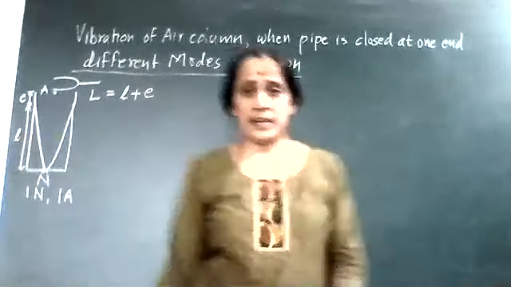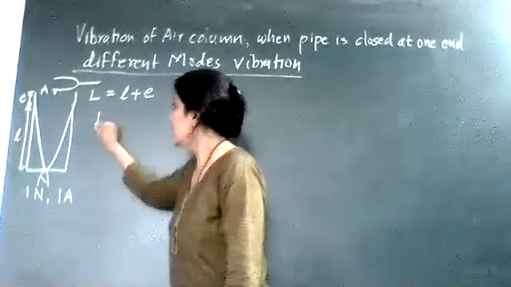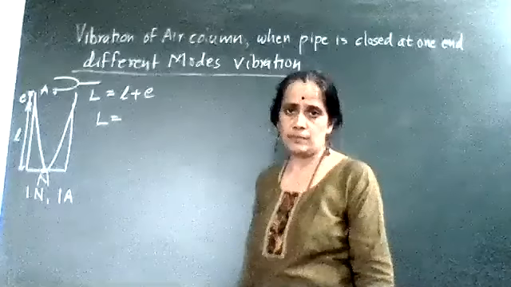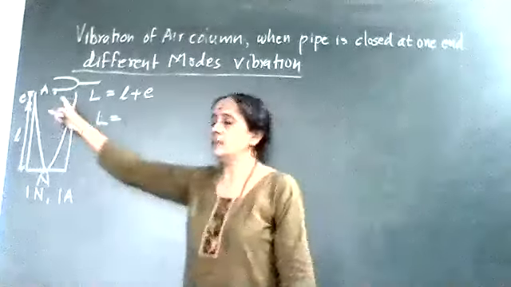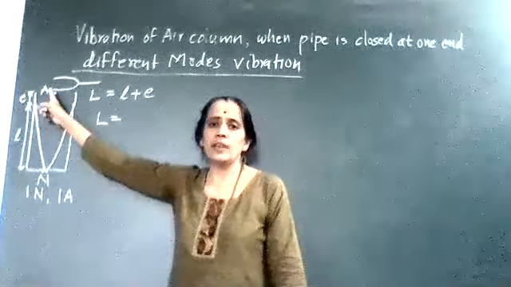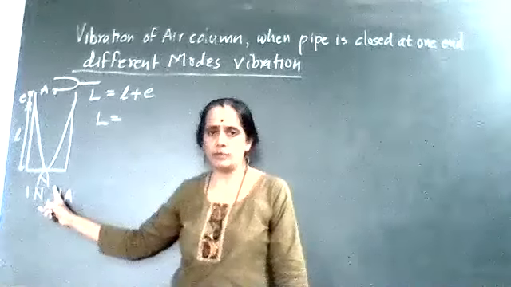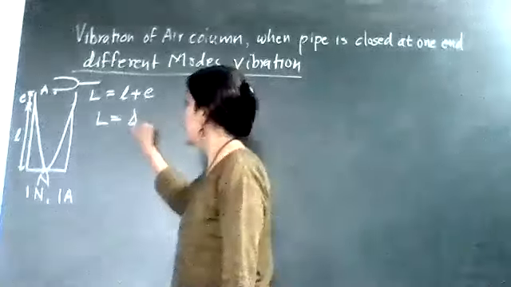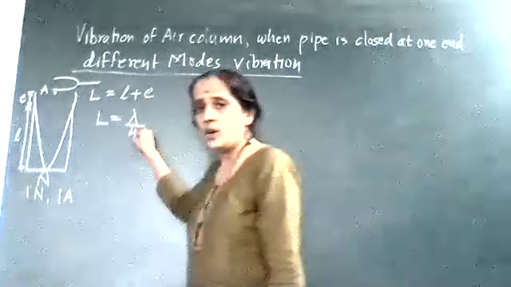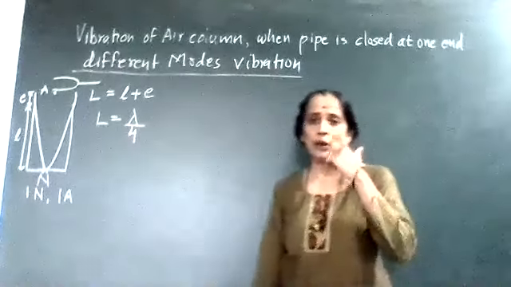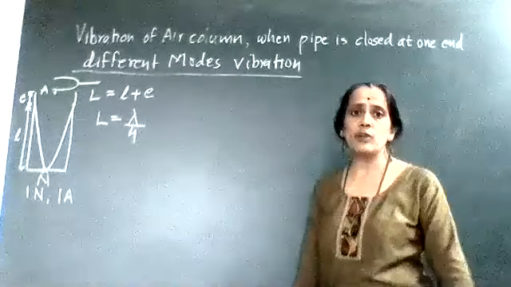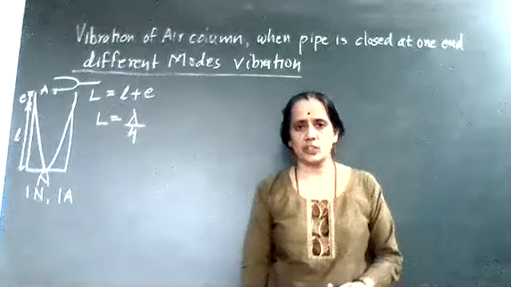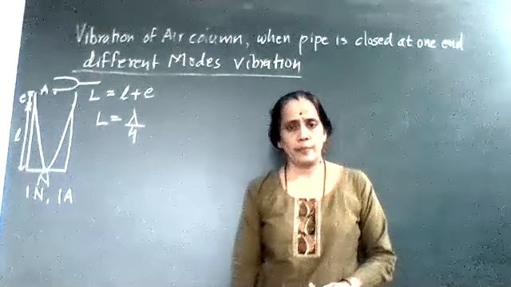And what is that capital L? Capital L is nothing but the length of the vibrating air column, which is the consecutive distance between antinode and node. As it is the consecutive distance between node and antinode, it is nothing but lambda by 4, which you have seen in the properties of stationary waves. Getting it?